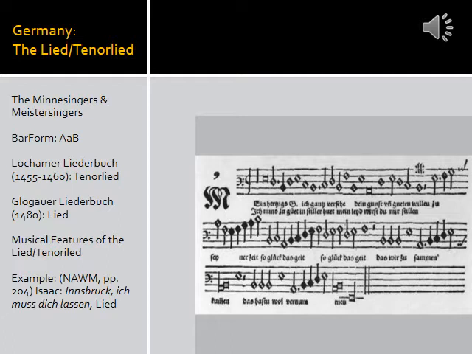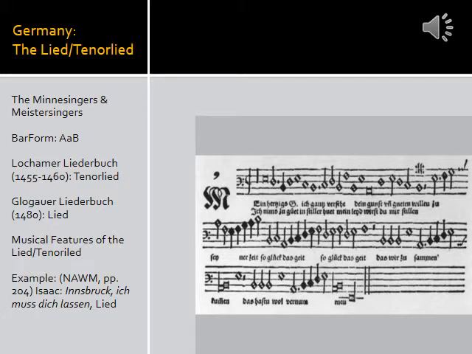Then the next step in German song after the Guild of the Meistersingers was what we call the Lied, or the tenor Lied. Lied simply means song in German, and Tenorlied means tenor song. So our sources for this are the Glogauer Liederbuch, which was probably compiled sometime in 1480, and that contains mostly Lied.